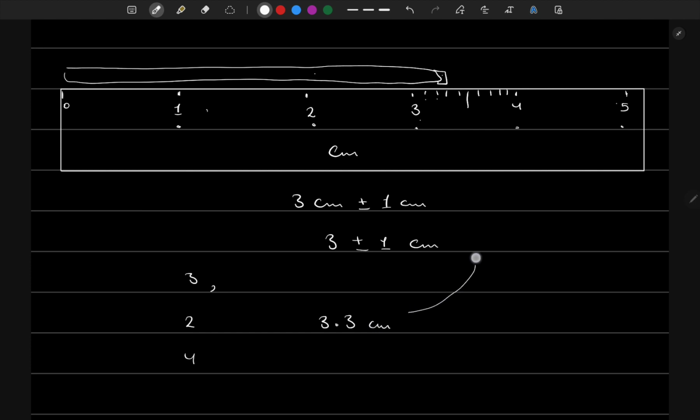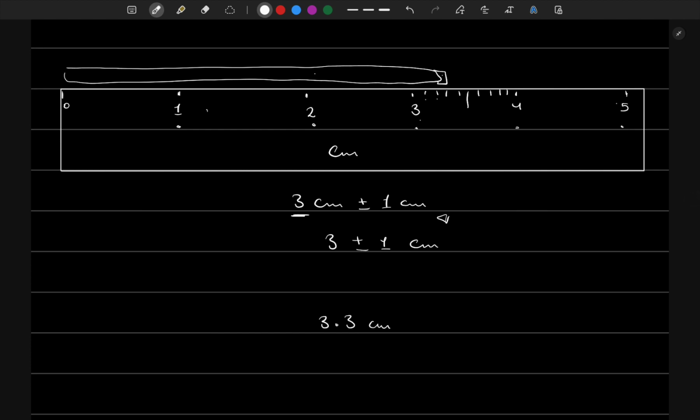Now here I am more certain than in the previous measurement. In the previous measurement, I know it's 3, but it can be plus or minus 1 centimeter. Here I can say with more certainty that it's actually 3.3 centimeters.